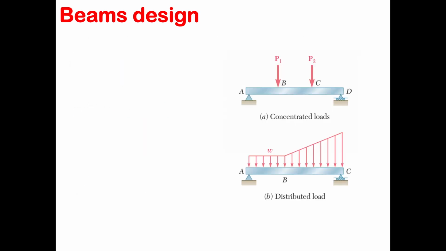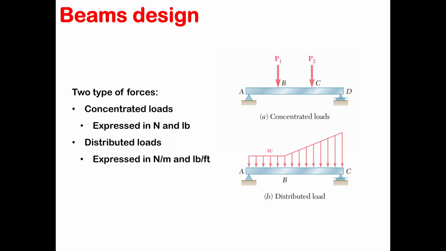Okay. Going back to the type of forces, we have two types of forces: concentrated load right here, which is expressed in newtons and pounds, and we have distributed loads like here, which is expressed in newtons per meter and pound per foot. So the reason I'm emphasizing this is that when you're analyzing something, you always have to be mindful of this fact.